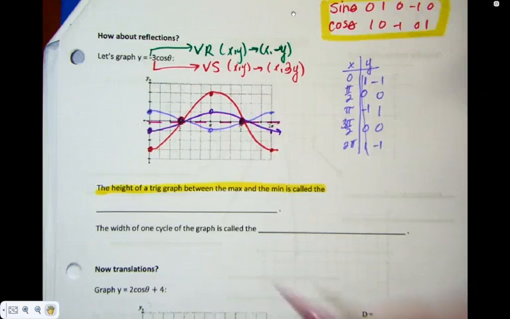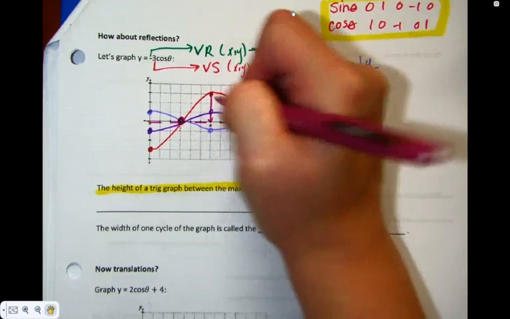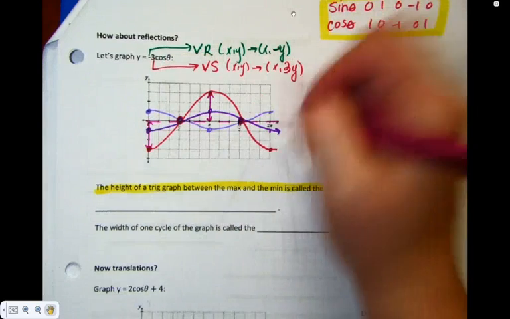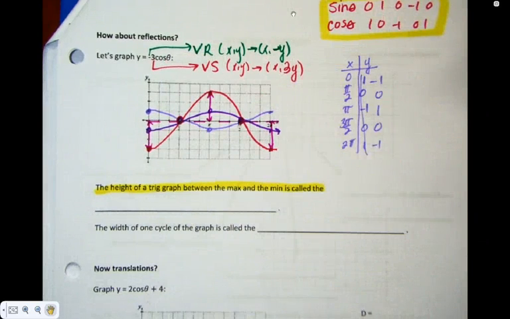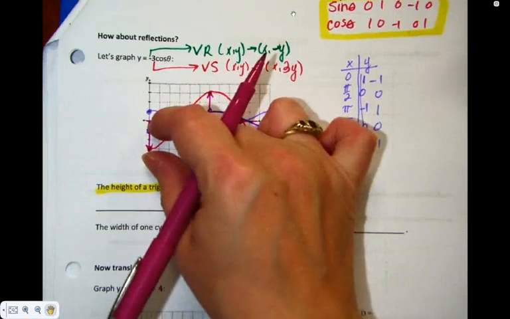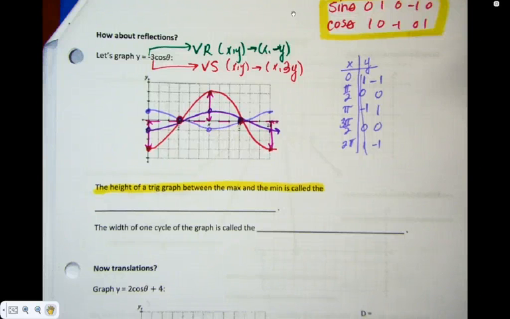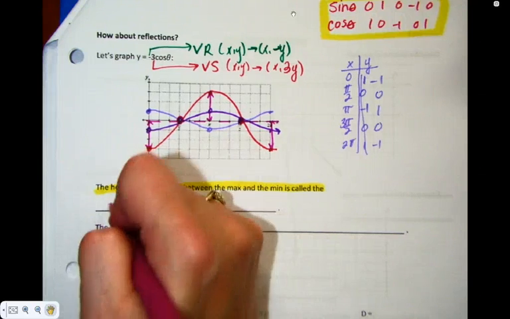So this word, which I'll give you in a second, is either from what we call the center line, to a max, or it's a center line to a min value. Doesn't matter because they're all the same distance in this graph. So if I were to measure that center line to the highest point or the lowest point, how many units is it? It's 3. We call that the amplitude.